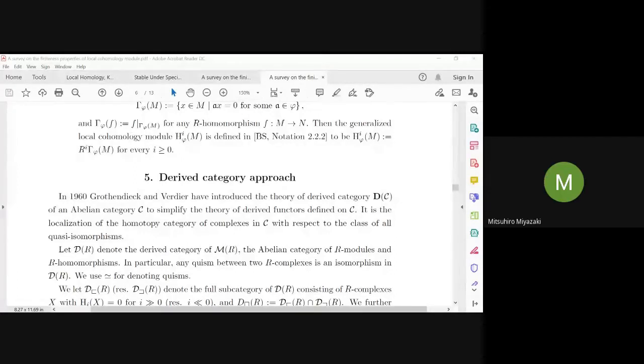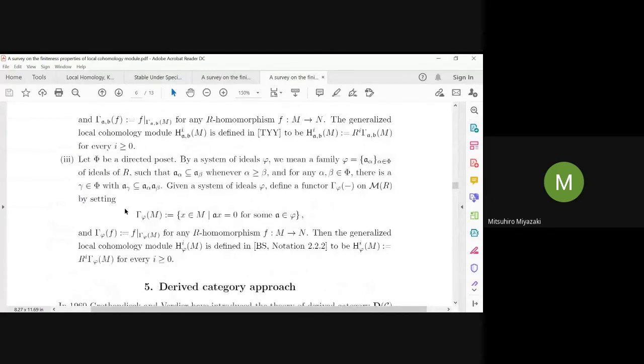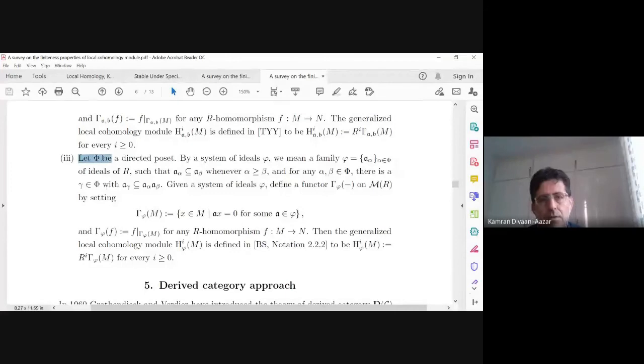Would you give me an essential example of the last definition, the directed poset definition of local cohomology? An example that is different from the one defined by powers of ideals.